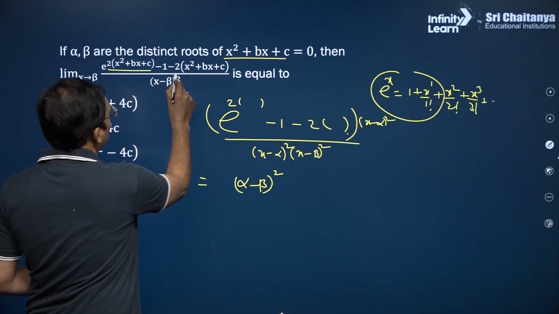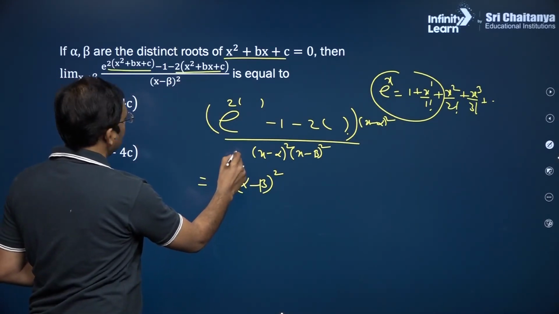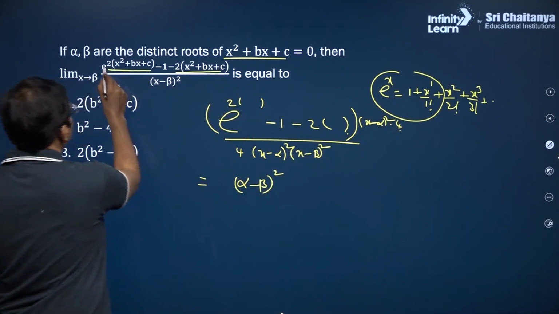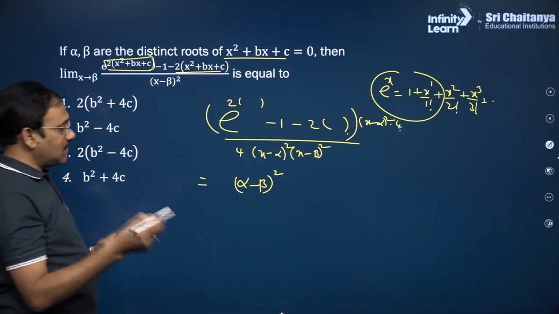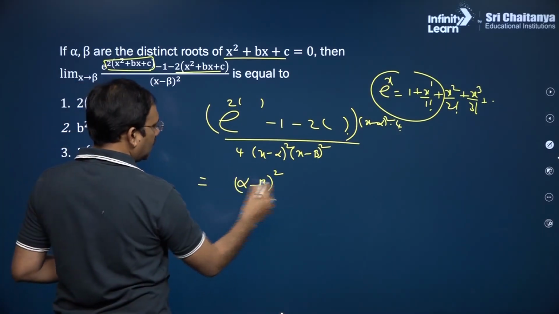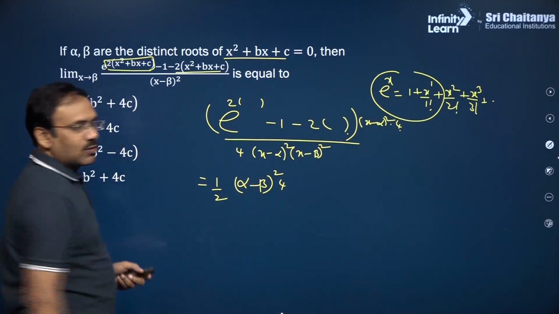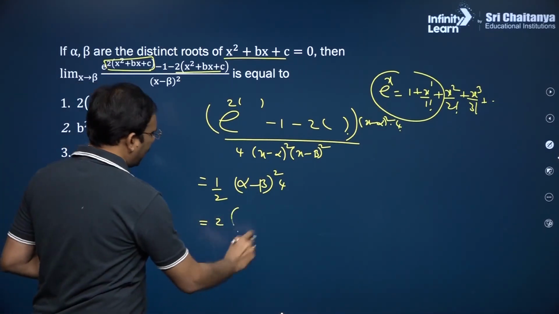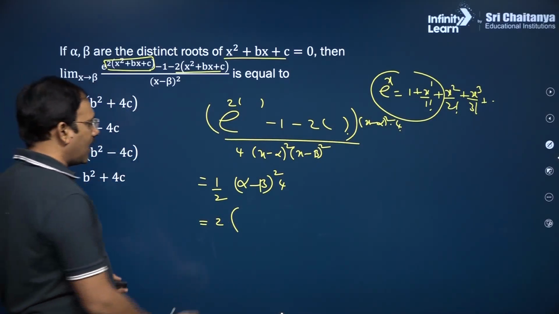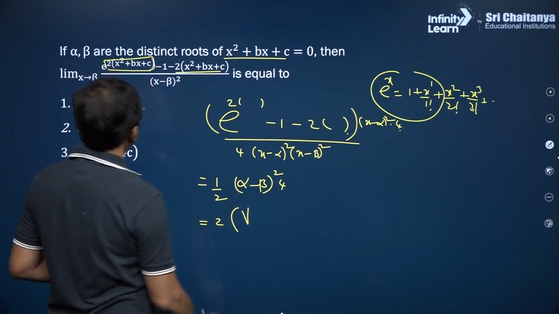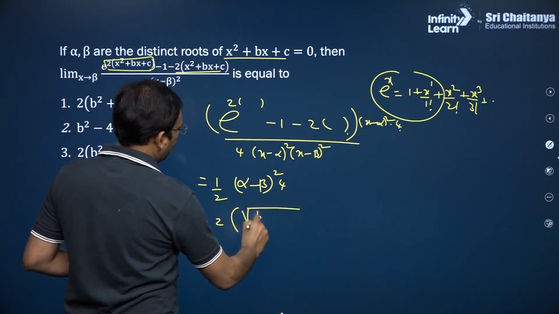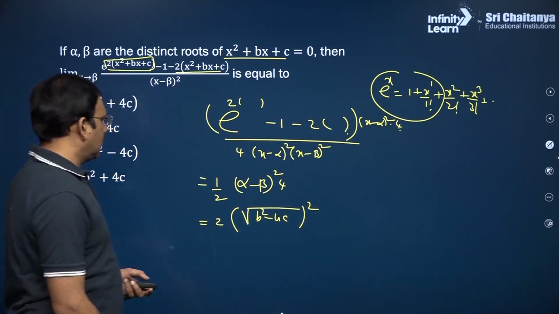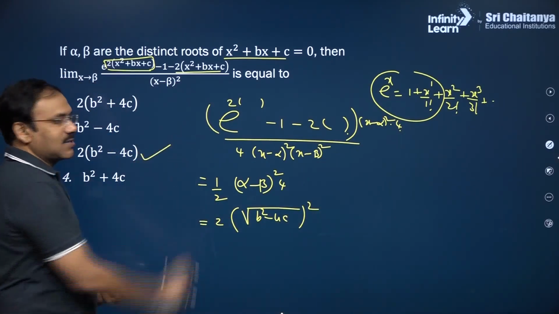This expression is 2. So, it also requires 4 here, you have to multiply 4 here, because the total expression is 2 into this quadratic part, that is x. So, my dear friends, here 4 is already there, by 2 factorial part 2 will be 2 into alpha minus beta whole square. Alpha minus beta whole square you can write like mod alpha minus beta is root of b square minus 4ac by mod a. It is square, my dear friends. This is 2 into b square minus 4c, is the answer.